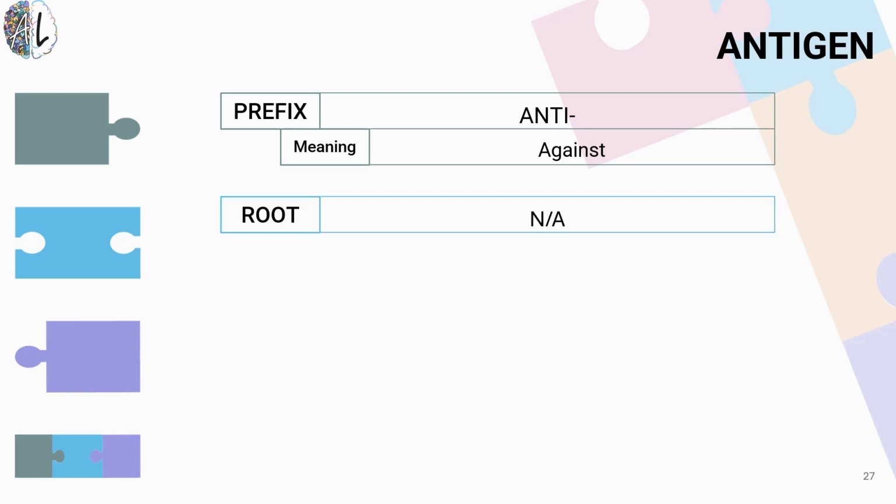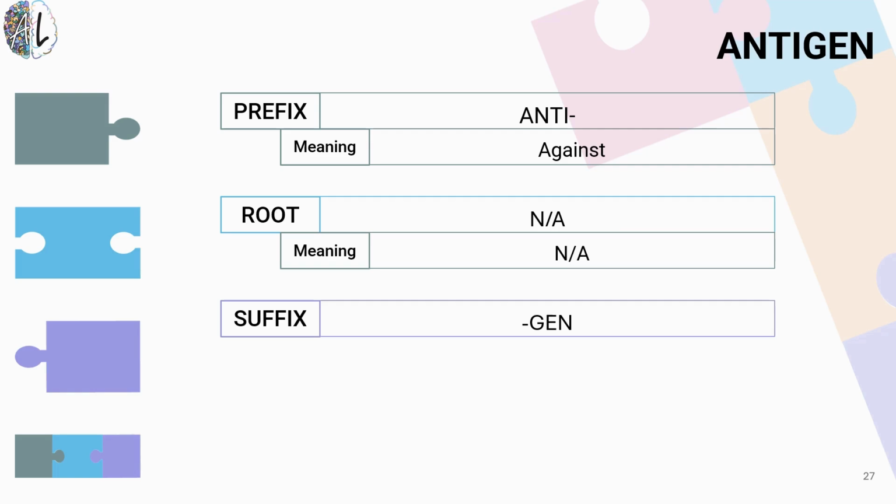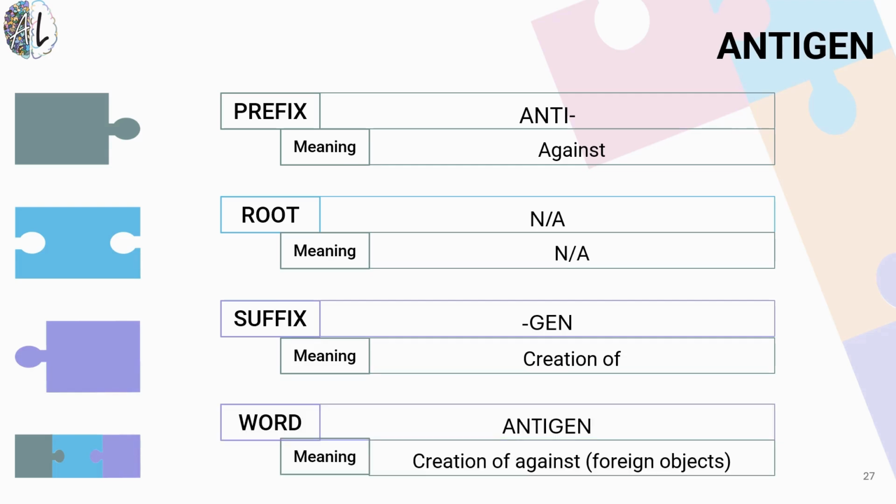Again, there is no root term, and our suffix here is gen, G-E-N, as the ending. And that refers to a creation of. So the term antigen means a creation of or against a foreign object. So an antigen is something that will help us create antibodies so that we can get rid of foreign objects even better.